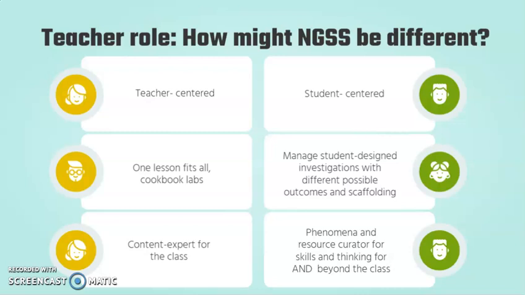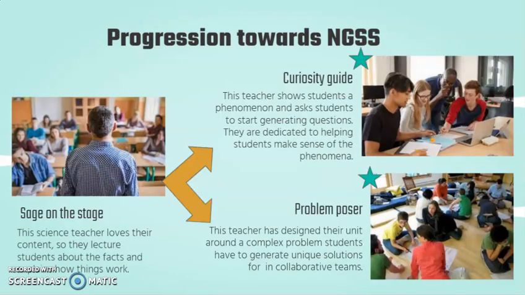And on the bottom, the teacher moves from being the content expert to a person that uses their knowledge and their craft to curate phenomena and resources for student learning and to push their skills in thinking for the class and beyond the class. So here's a few visuals for what that progression looks like.